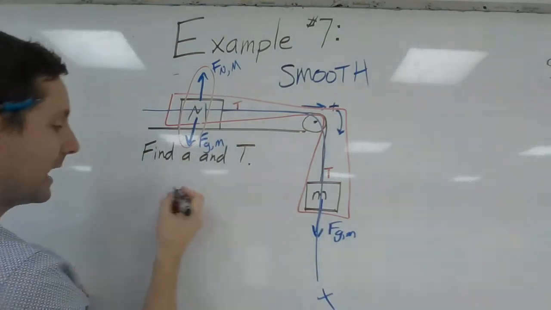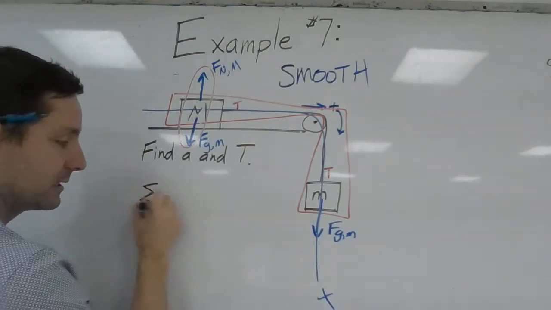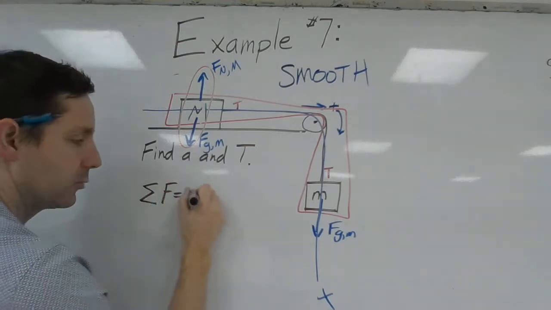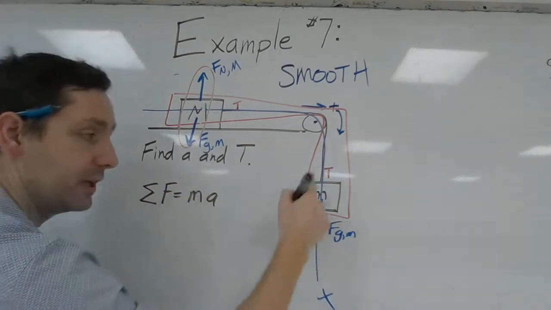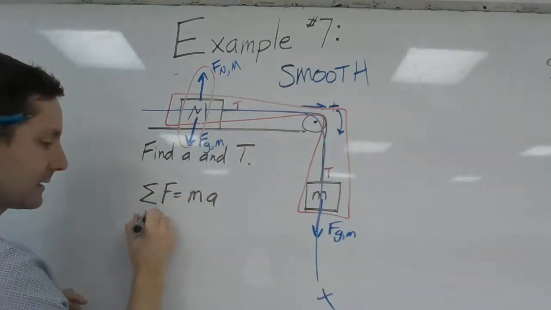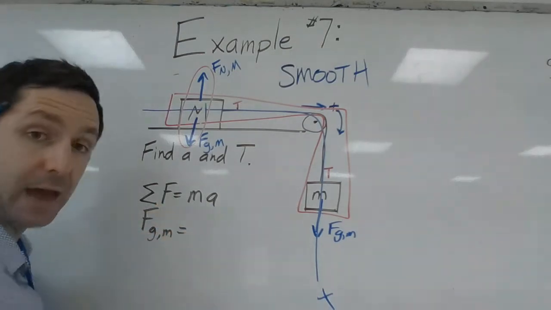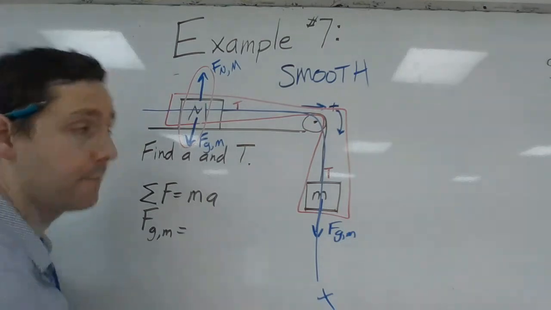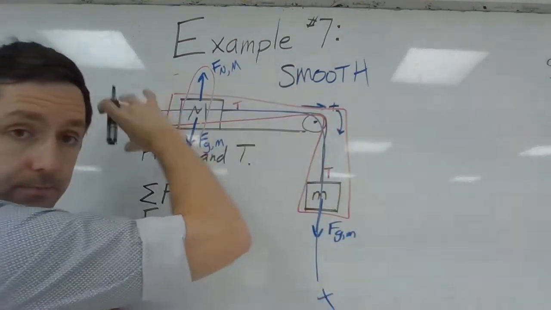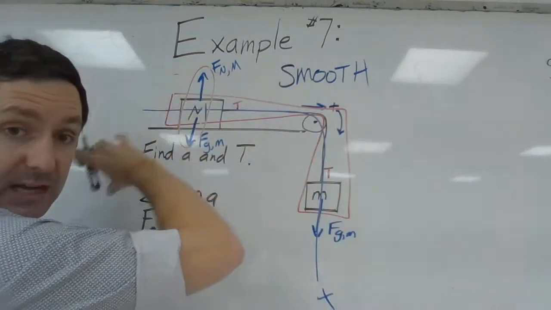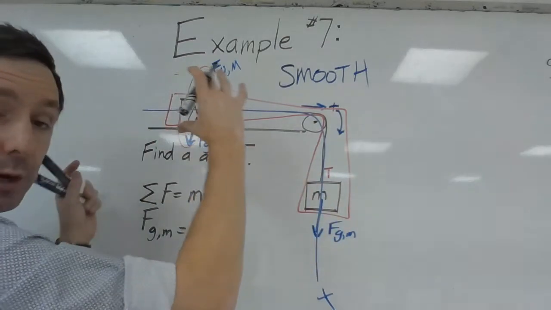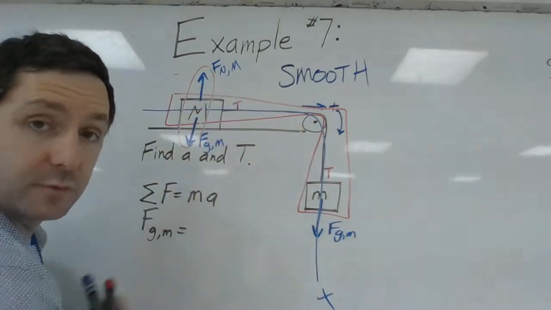And so we can say that the sum of the forces is equal to mass times acceleration. And the only force along that axis is the force of gravity on the small mass. Now that needs to equal the mass of the whole thing. Okay, now both masses are going to be important because both of them are going to be accelerating as it moves that way.